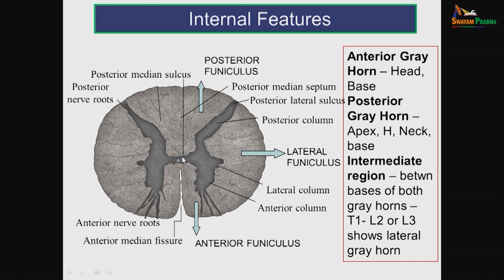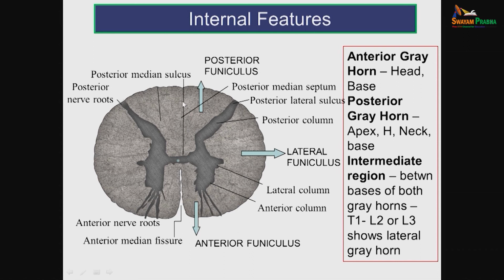It reaches the grey commissure. Please note, there is no posterior white commissure because the posterior median septum is coming in contact with the grey commissure. So, this is the posterior median septum, no posterior white commissure. This is grey commissure, and anterior to it is the anterior white commissure. This is the anterior median fissure.